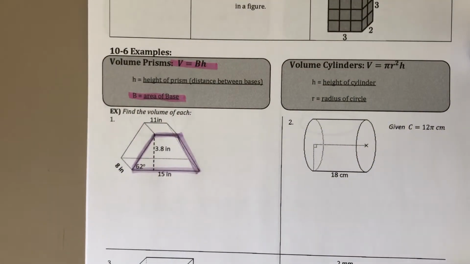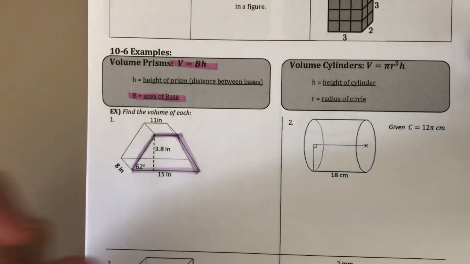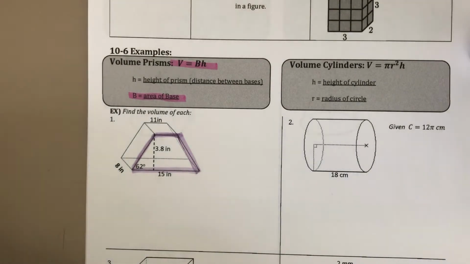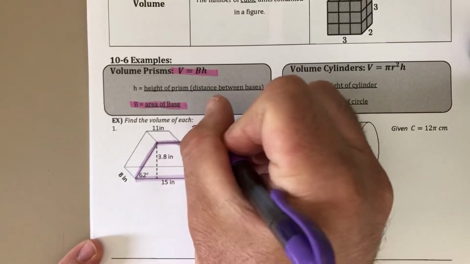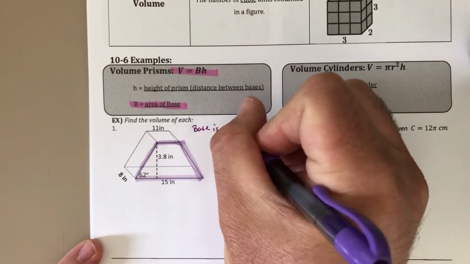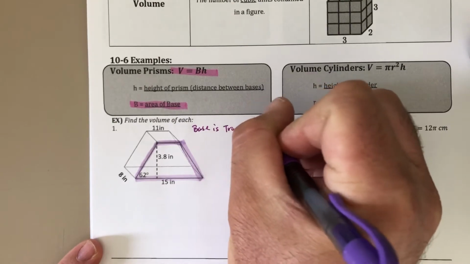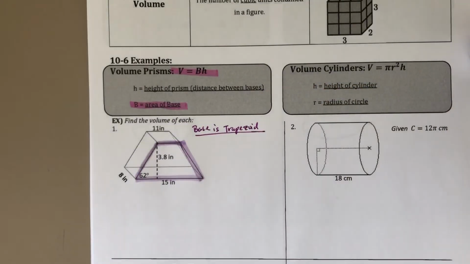So this is a trapezoidal prism. That means, in this example, that our base is a trapezoid. Base is trapezoid. So that's the thing to remember. Base is not an edge when we're talking three-dimensionally. The base is a trapezoid.